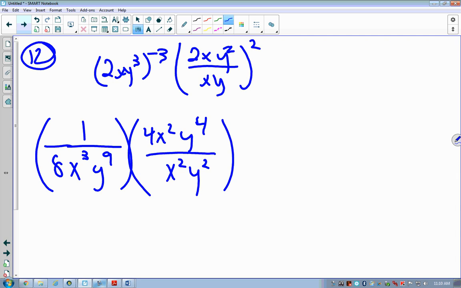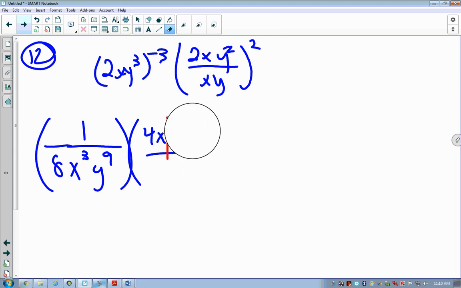Can I simplify my fraction on the right? Yeah. What happens to my x squareds? Cancel. What happens to the y's? I probably want to move that one up, right? So I should be getting 4y squared.